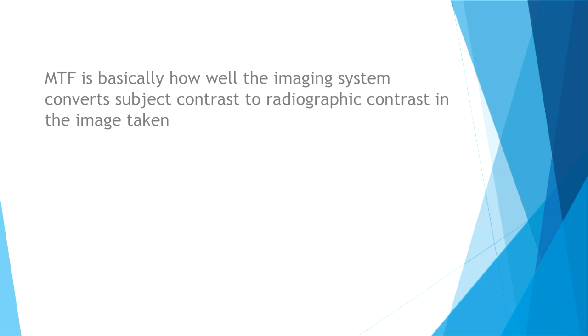The better it converts it, the better it is for the patient and for the radiologist. Ideally, it would be 1.0, but for most systems, it's well below that. So it's difficult for the imaging system to take subject contrast and convert it into radiographic contrast. But in a nutshell, that's what modulation transfer function is. How well does it convert subject contrast into radiographic contrast?